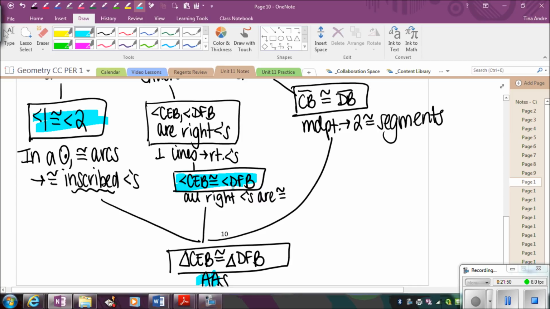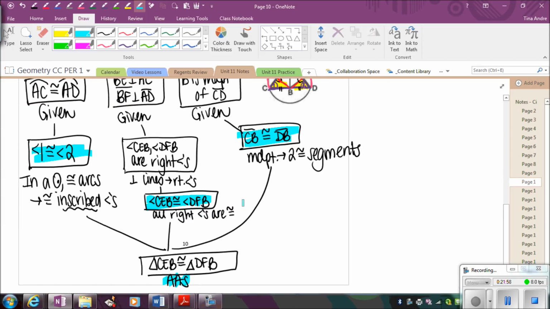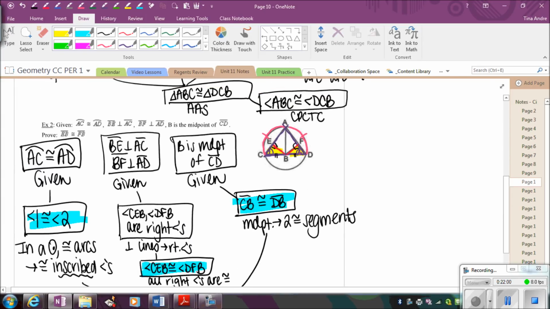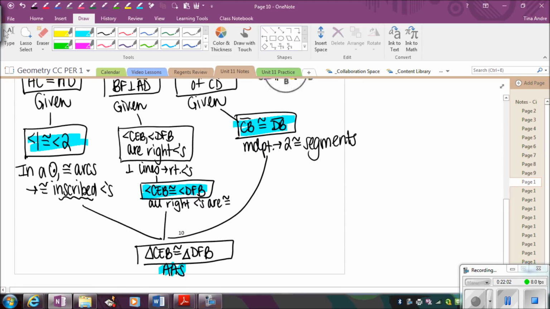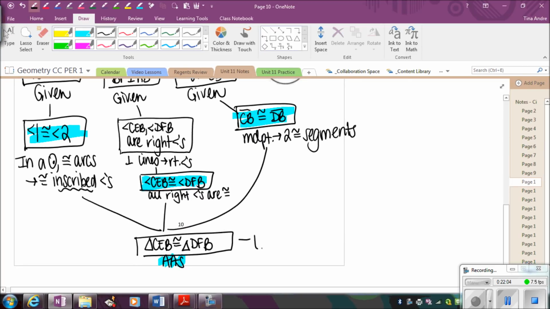Make sure that those are congruent right angles, and side. Make sure you actually say that they're congruent, not just right angles. And then the last thing to say is that those corresponding sides, EB and FB, are congruent by CPCTC. So there you have it.